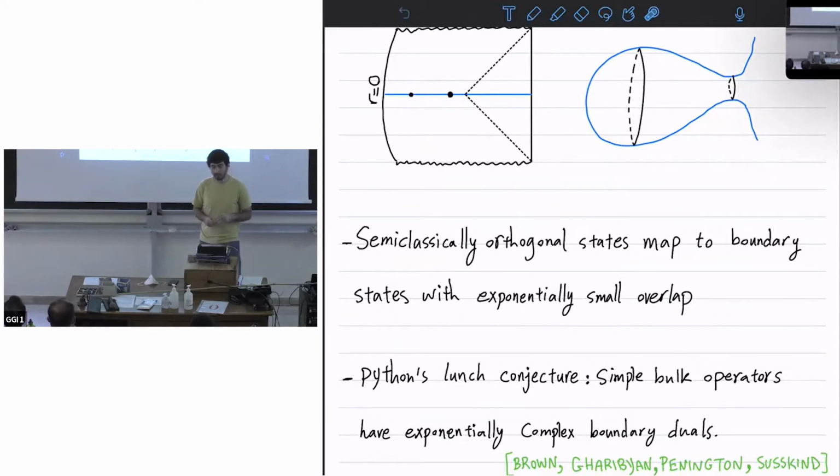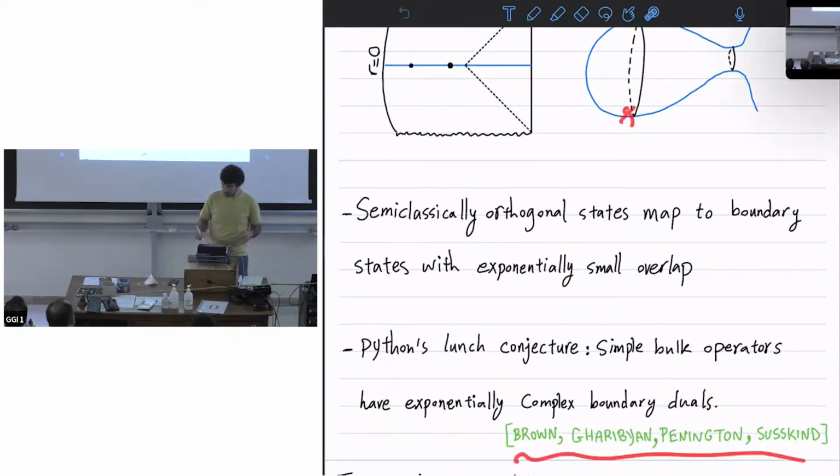Another peculiar feature, which is going to be very important in my talk, is that this map has been conjectured to have exponentially large complexity, with an exponent given precisely in terms of the areas, or more generally the generalized entropy, of the quantum extremal surfaces involved. That's the Python's lunch conjecture: that simple bulk operators in the interior have exponentially complex boundary duals.